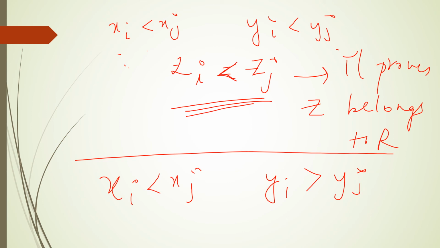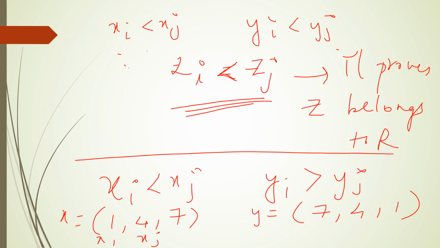Now let's take x for example, let's take 1 4 7, okay, and y will be a permutation of this, which is 7, 4, 1. So here xi and xj are lesser than each other, but yi is greater than yj. What we are going to prove in this is that, eventually, even if this is the case, still the elements are distinct.